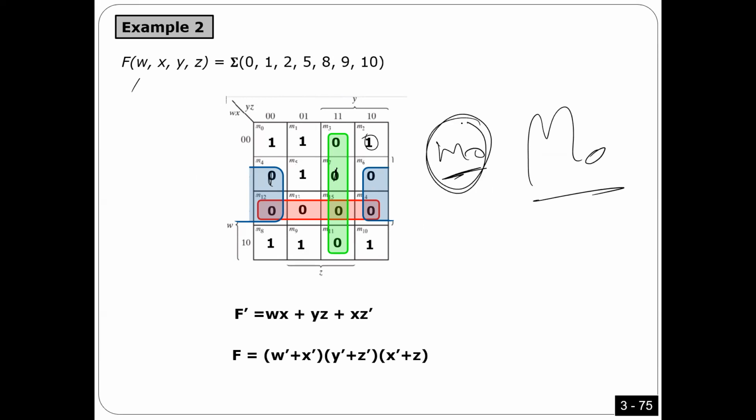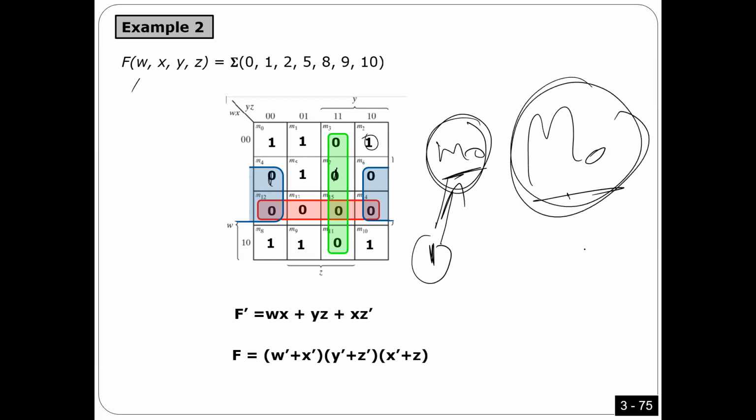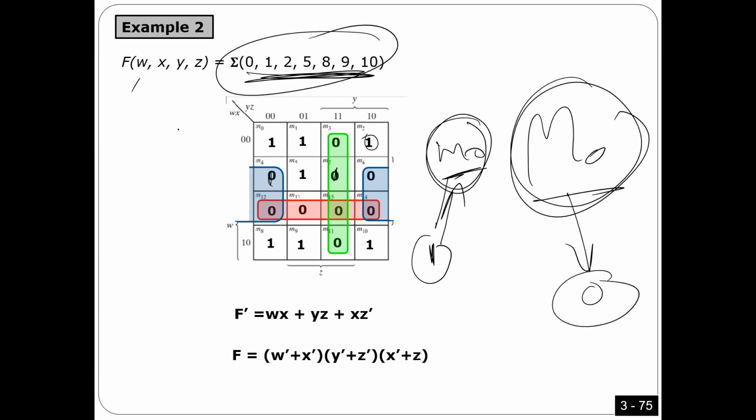These are min terms, these are the locations of ones. But the ones that should be the location of zeros would be max terms. You got what I'm saying? But in this case, these are the locations of ones, so these are min terms, because this is the map of F, right?